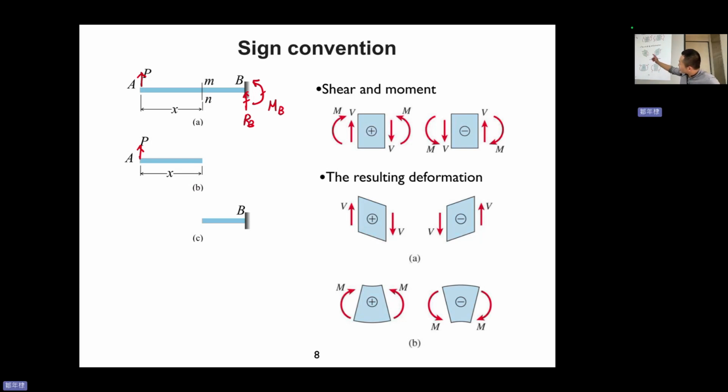You can see in this figure b, if you have P here, there must be a force at this cross section, a force or bending. Otherwise, this blue material will fly away, right? So there must be a force downward to balance the force P upward.